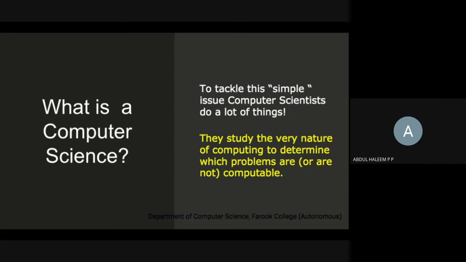The customer will leave our program, he will restart the system, and he will never use it again. So how do we see whether a problem is computable or not computable? If a problem is not computable, then what can we do? We will develop heuristic solutions. Those solutions need not be optimal, but still there will be an answer for that.